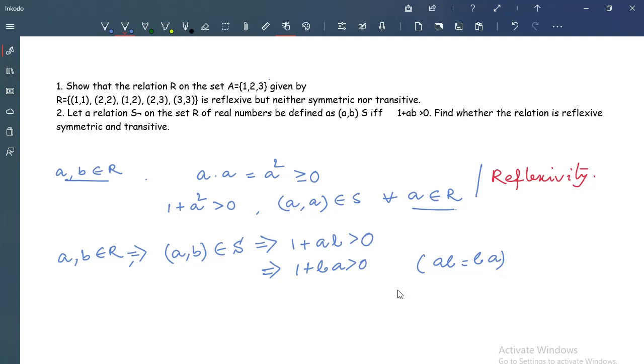Because AB equals BA, commutativity of multiplication in real numbers. Can I write (B, A) belongs to S?